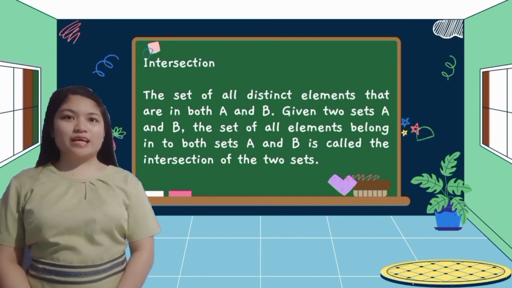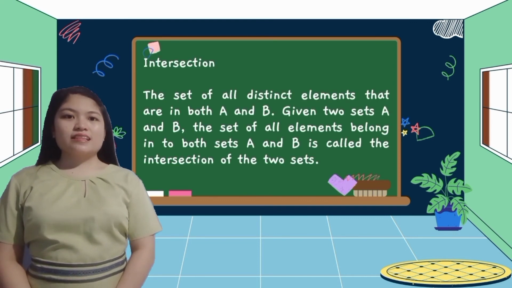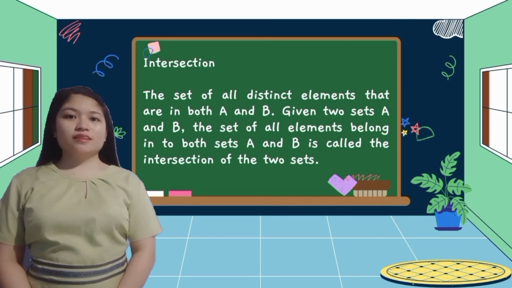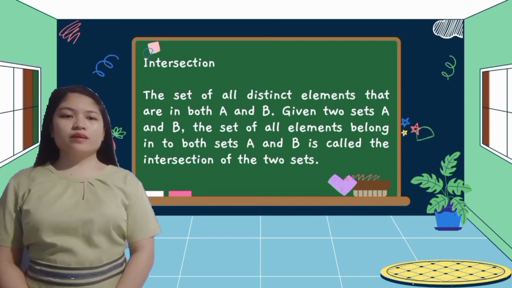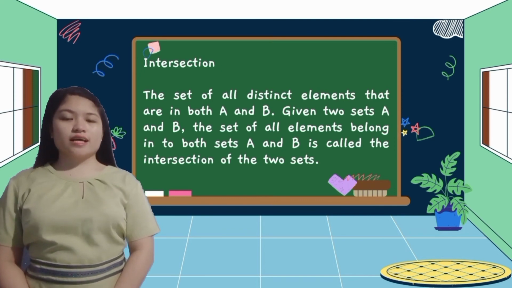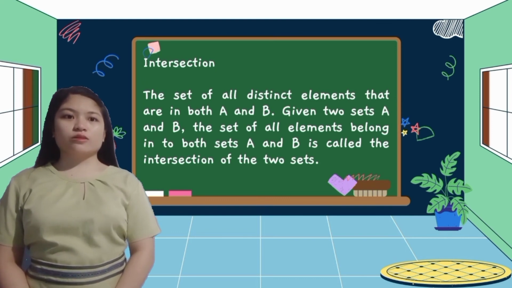Next, we have intersection. Given two sets A and B, the set of all distinct elements that belong to both set A and B is called the intersection.